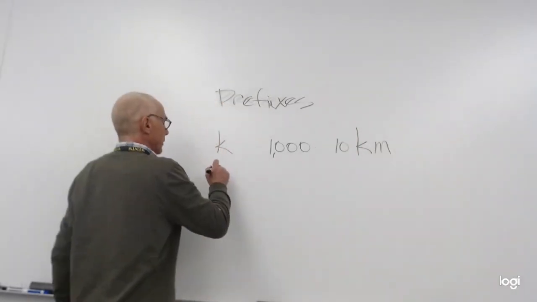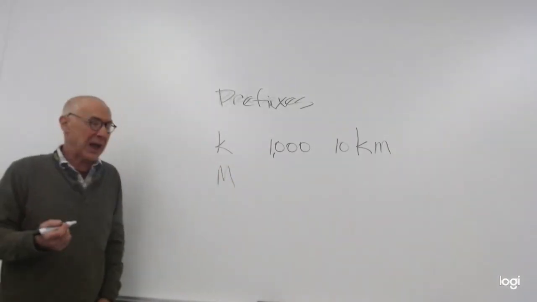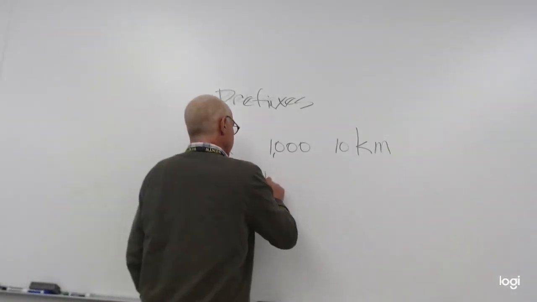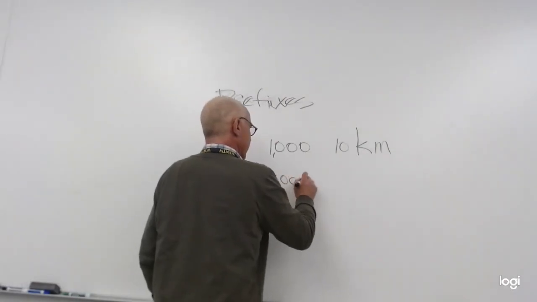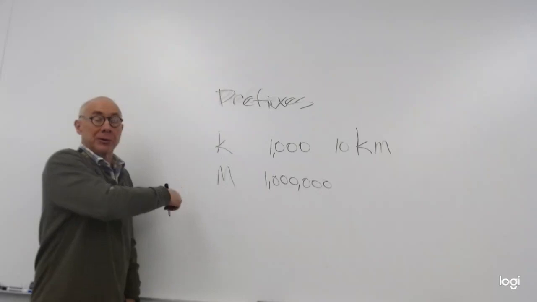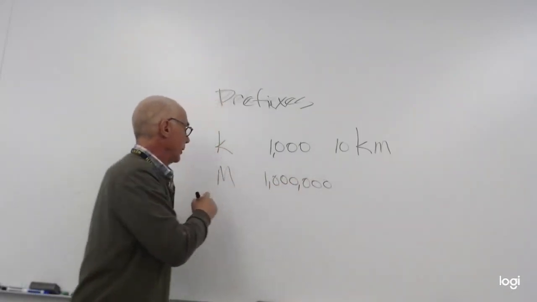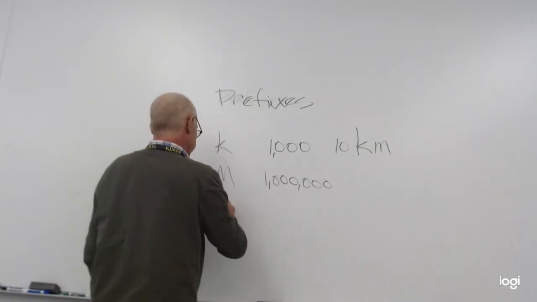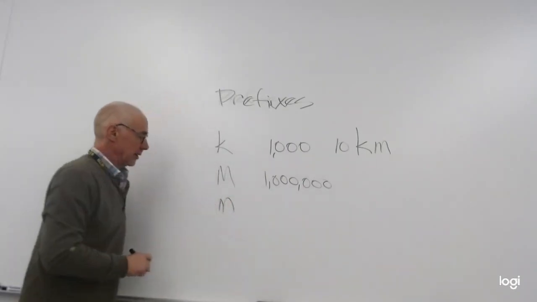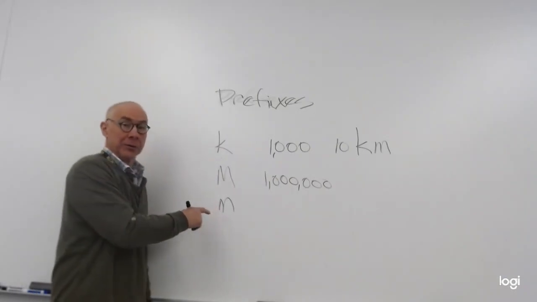Other prefixes that you're going to see are a capital M. Don't see it that often, maybe not in statics, but in other fields like astronomical distances where you have very large numbers. Anyways, that's a million. And the other one that we're frequently going to see is a lowercase m, which can be confusing because that's also meters, right?